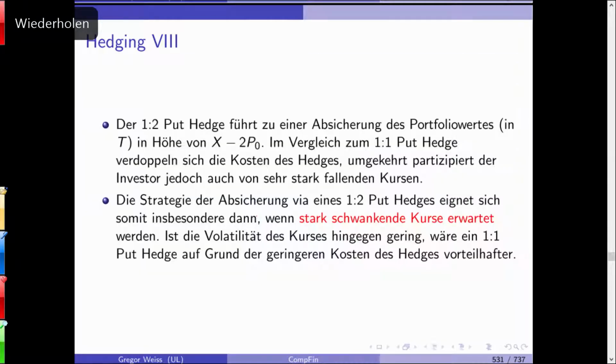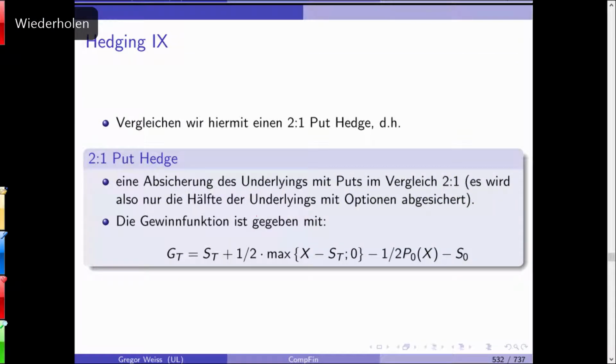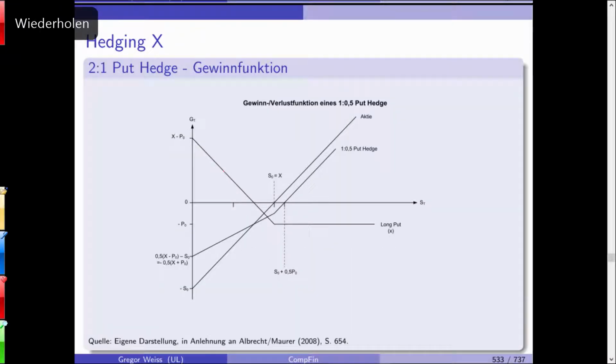And the 2-to-1 put hedge is the opposite. You can see that now it is not as highly tilted as before, but it's not as costly in here. So these are some possibilities: 1-to-1, 1-to-2, 2-to-1 put hedge. Okay.